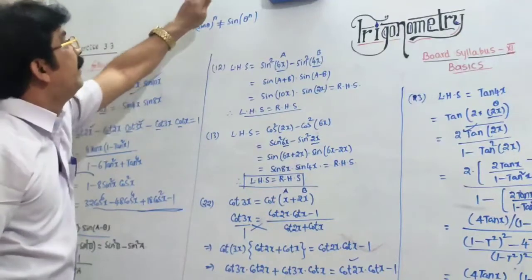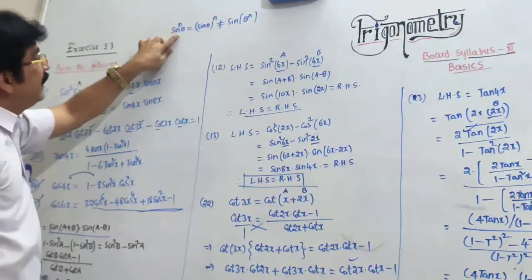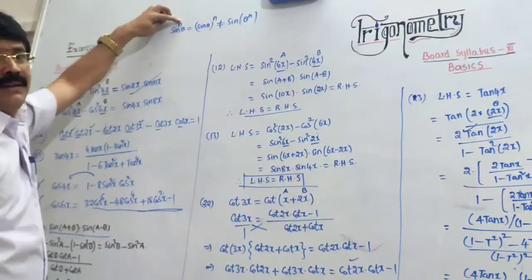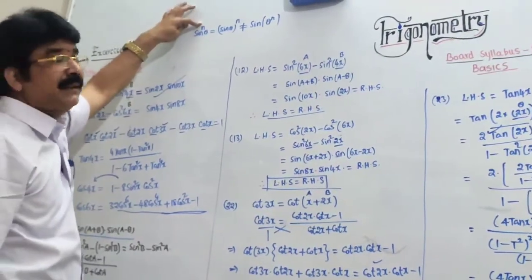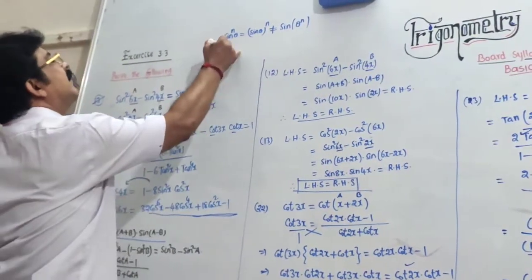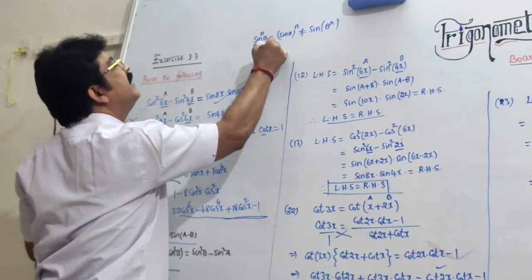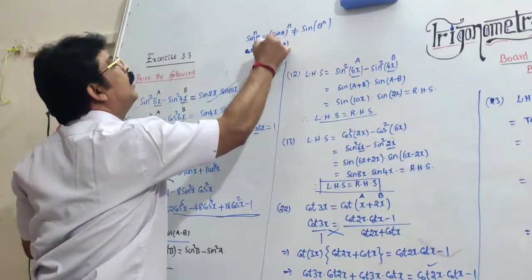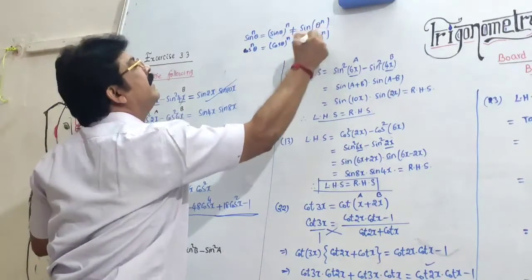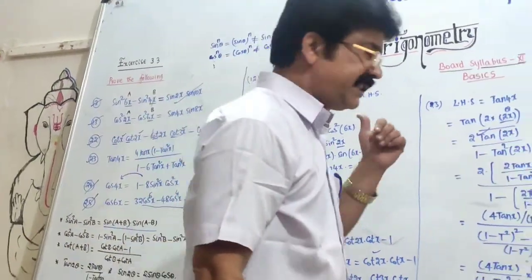Sin theta whole power n: we have to write its power on the function. It is the degree exponent, not the degree of the function. Remember. Similarly, cos power n theta is equal to cos theta whole power n, but not equal to cos of theta power n. Similarly, we can write for tan, cot, secant, cosecant. Remember, this is the basic formula.